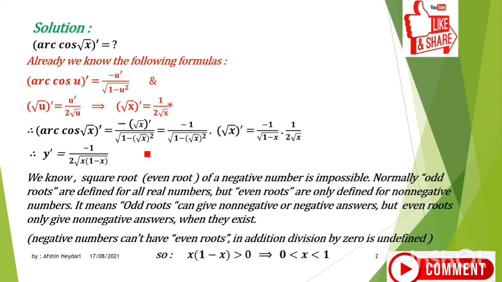As you know, considering this formula, the answer will be 1 over 2 radical x. Radical x to the power 2 will be x. So the answer is here. Y prime equals minus 1 over 2 multiplied by radical x multiplied by radical 1 minus x.